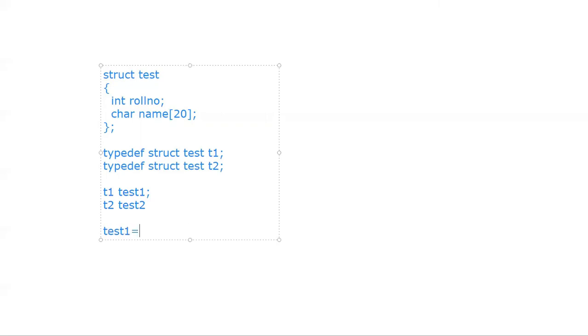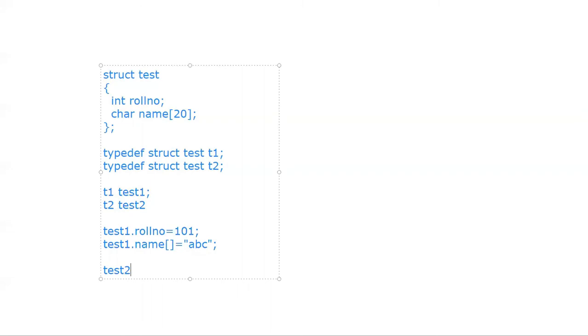test1 dot roll number is equal to, मैंने लिख दिया 101, एंड test1 dot name is equal to, मैंने लिख दिया, सिंटेक्स पे मत जाइएगा, मे बी सिंटेक्स इज रॉन्ग.